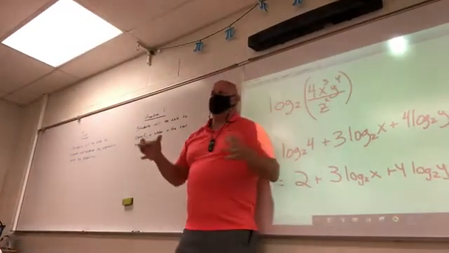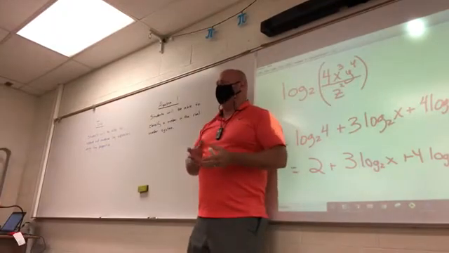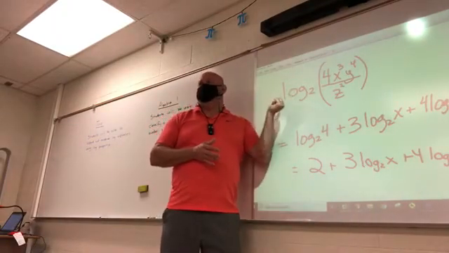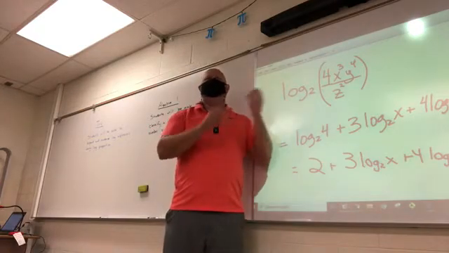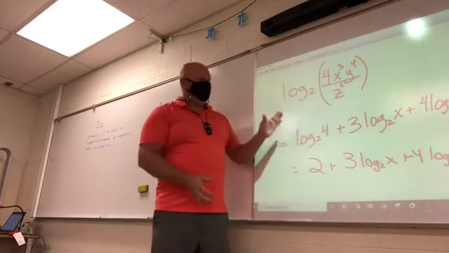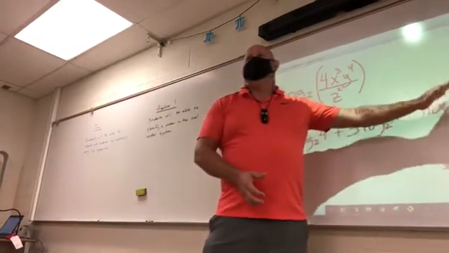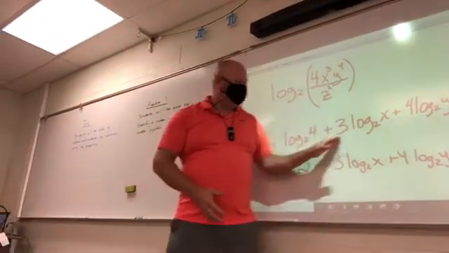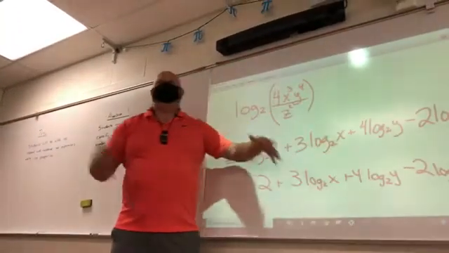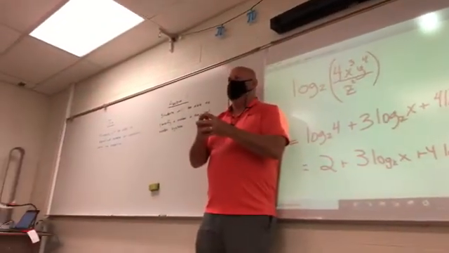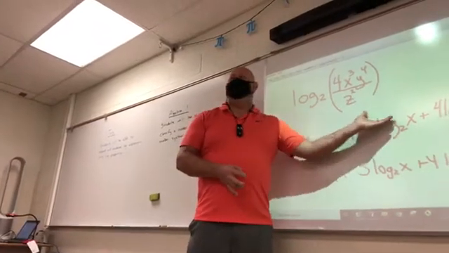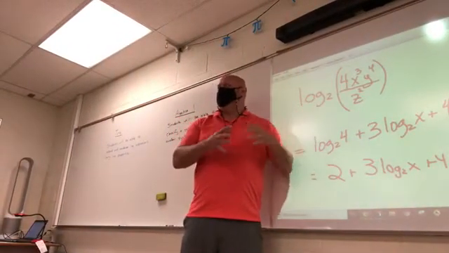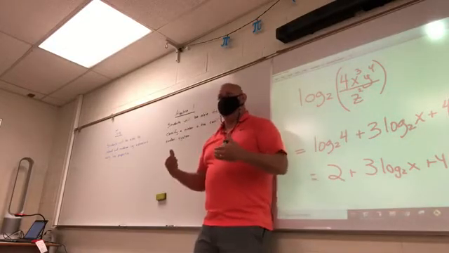In the next homework assignment, you're going to get 2 types of problems. You're going to get one little logarithm, and you're going to say expand it. And you got to expand it into a bunch of little ones. But then you're also going to get something that looks like this, and it's going to say condense it. And you got to go back from this long thing back into one single logarithm. The properties work both ways.